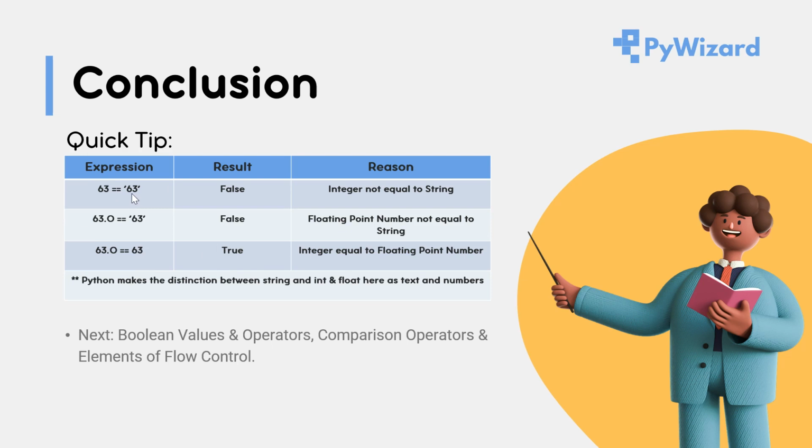Because Python always differentiates between integer and string data types, and floating point and string data types, as the difference between numbers and texts, considering strings as text, and floating point and integers as numbers. By the same logic, it considers floating point and integers as numbers, so it gives a value of true when 63.0 is equal to 63.